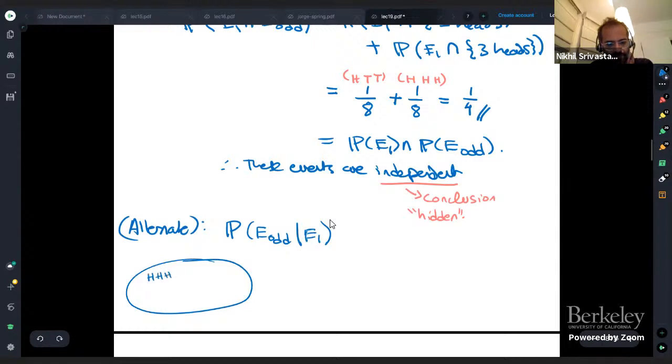Sorry, I want to do it systematically. We started off with this whole sample space. So there's the H part of the sample space, and part of this is E1, right? The first coin is heads. And then there's the rest of the sample space.